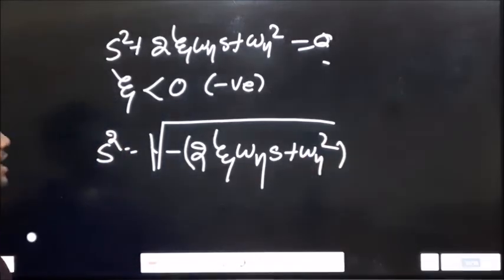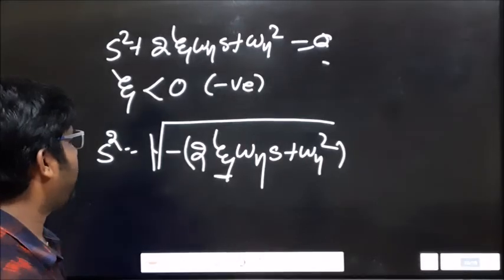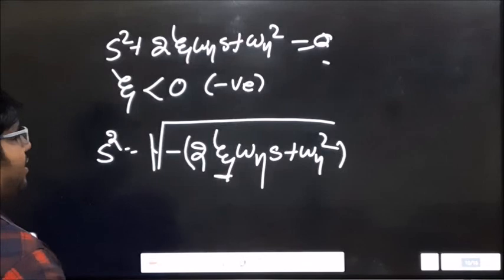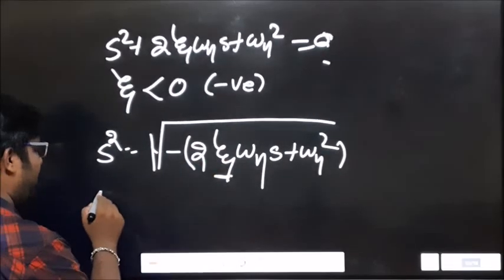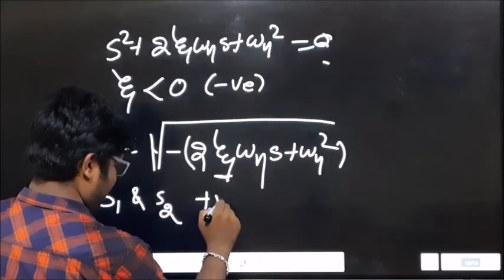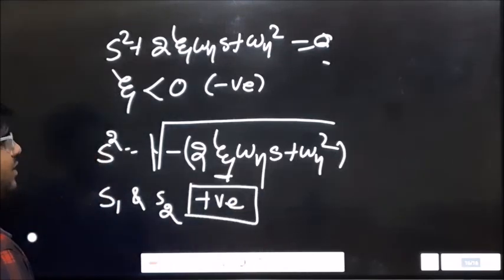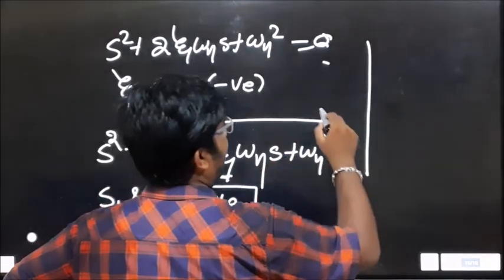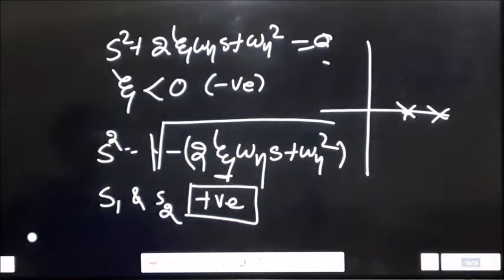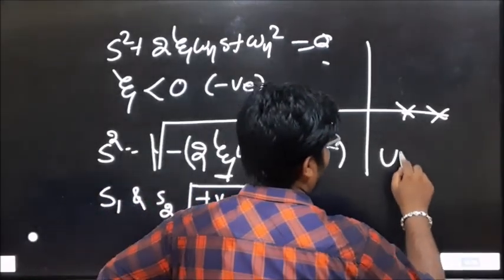Whenever you put these two negative, ultimately this whole thing becomes positive, so your s1 and s2 become positive. So when these two are positive, the poles will lie in the right half of the S-plane, and I told you when the poles lie in the right half of the S-plane, the system is unstable.